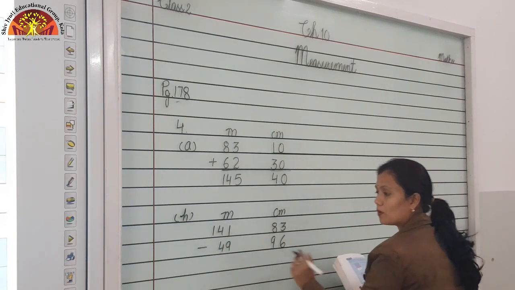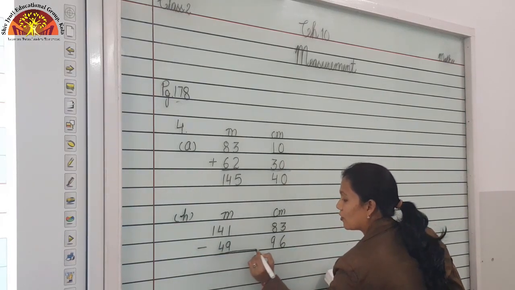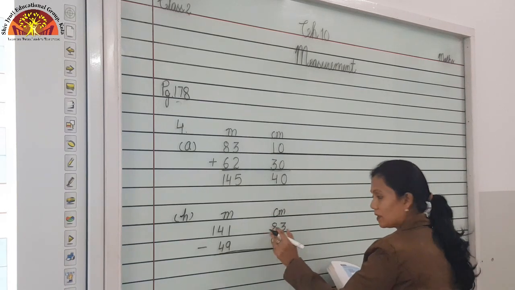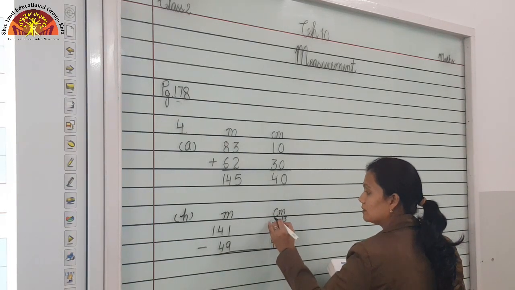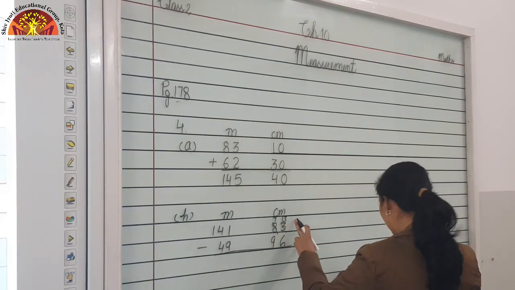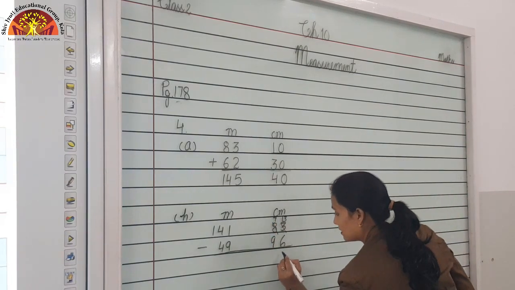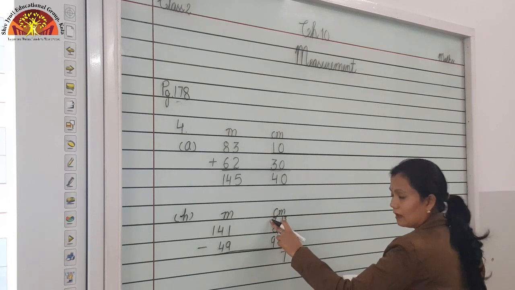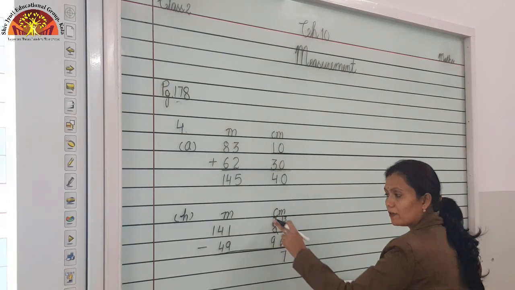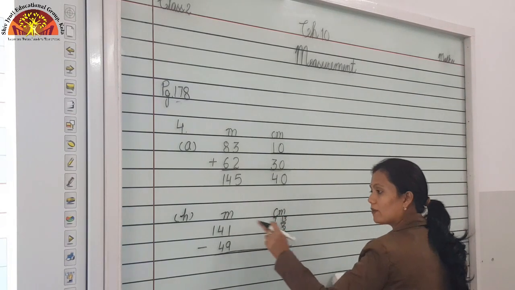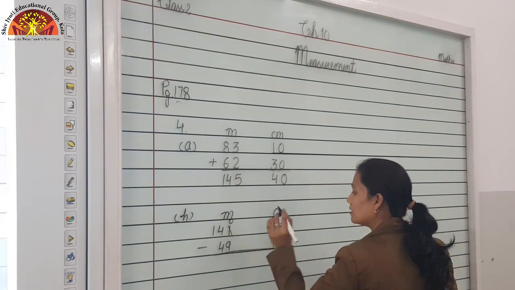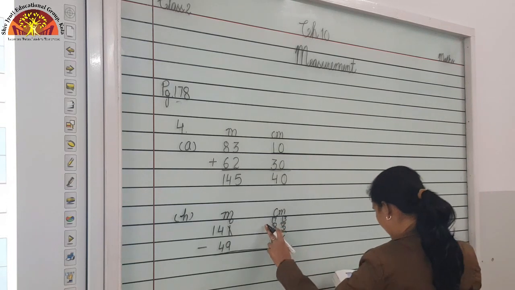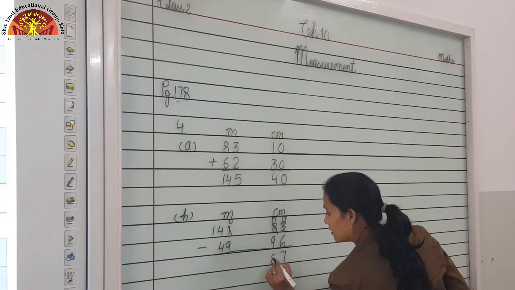Now it is not possible to subtract 6 from 3, so we will borrow 1 from 8. Now this 3 becomes 13 and this 8 becomes 7, right? Now 13 minus 6 is 7. Again it is not possible to subtract 9 from 7, so we will borrow 1 from here. This 7 becomes 17, this 1 becomes 0. Now 17 minus 9 is 8.